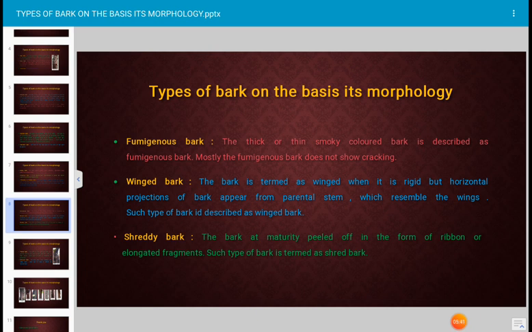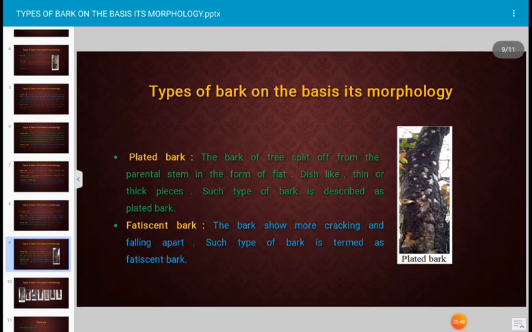Such type of bark is described as shreddy bark. Next, plated bark. The bark of the tree splits off from the parental stem in the form of flat, plate-like or dish-like structures, and such type of bark is described as plated bark.